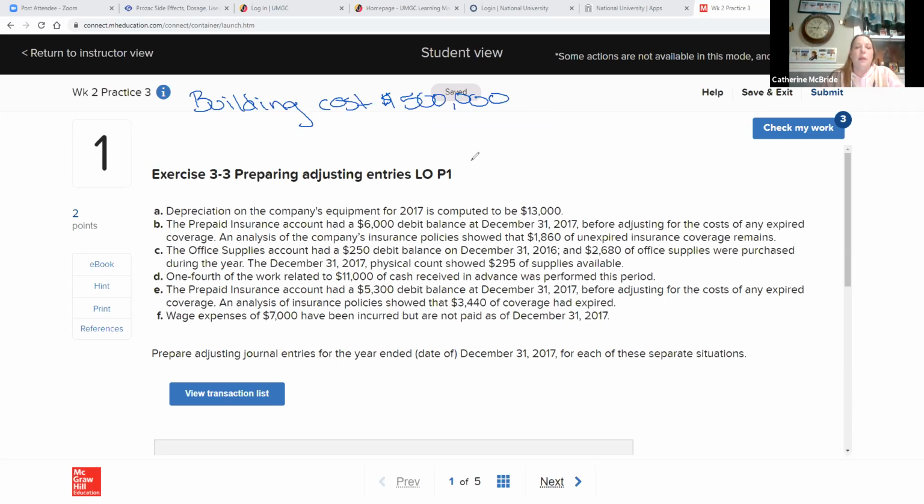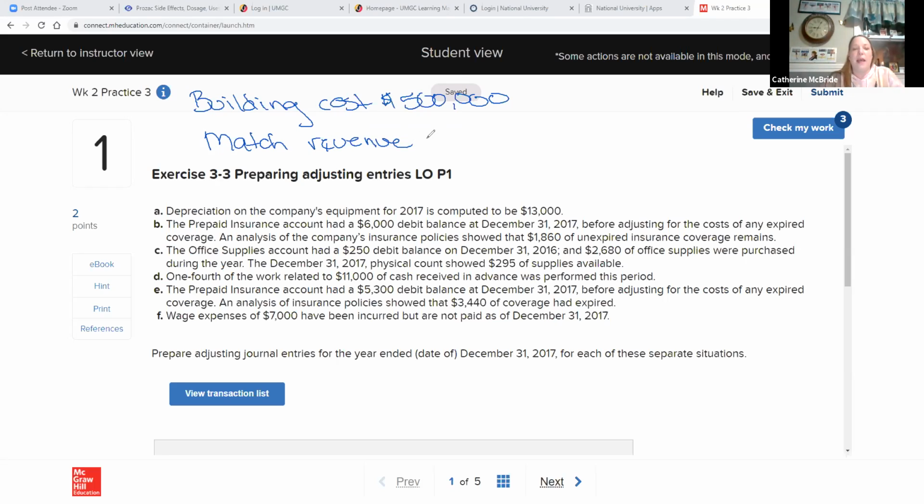Now, a couple of things happen. But the biggest one is when we put it on the balance sheet at $500,000, we've recorded it all as an asset. But that asset is going to earn revenue for us. And we know that one of our rules is that we have to match revenue and expenses.